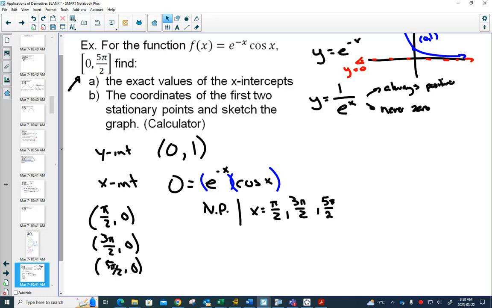Does it have an asymptote? Most likely, because as x gets really, really big, you would have an asymptote at 0, a horizontal one, but we're only graphing between 0 and 5 pi over 2, so we probably won't have an asymptote. But we'll write it down.